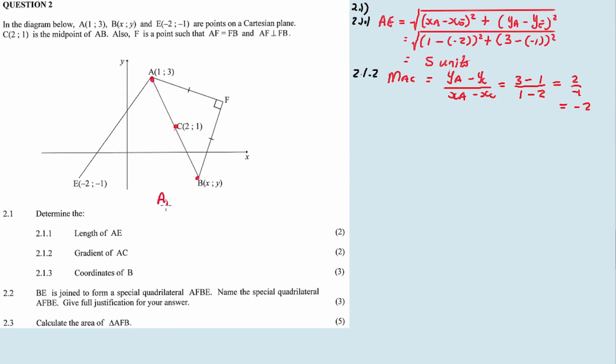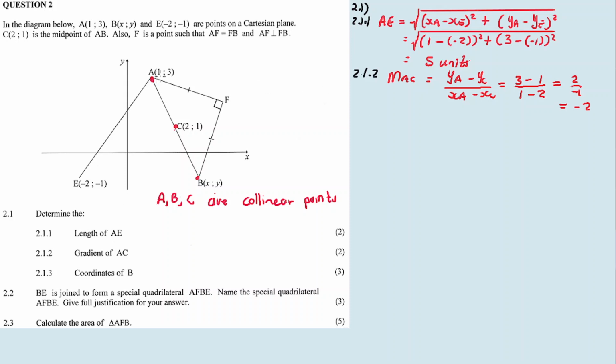Point A, point B, and point C are collinear. They are collinear points. Basically, collinear points are points which lie on the same line.